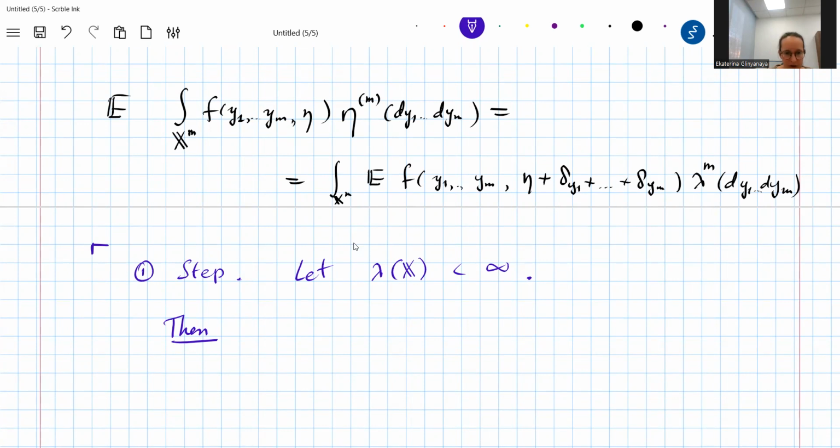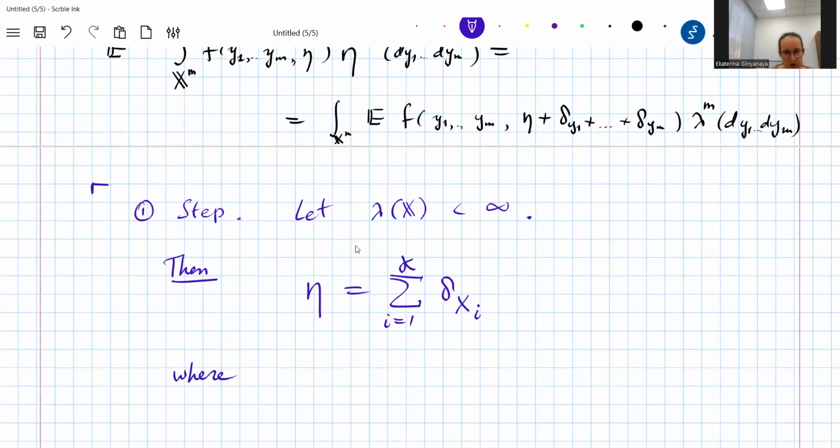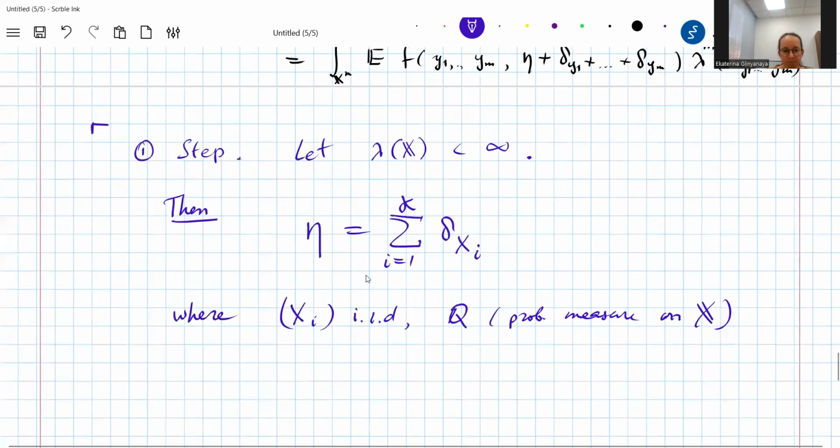So how did we do this? We write this Poisson point process in terms of xi_i, i from 1 to kappa, where the xi_i are independent identically distributed with probability measure Q on X, and kappa has Poisson distribution with parameter gamma.